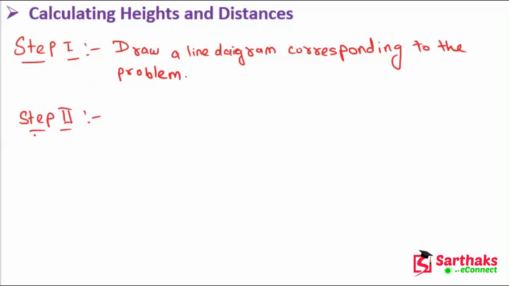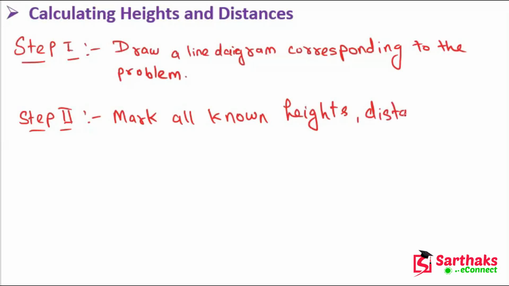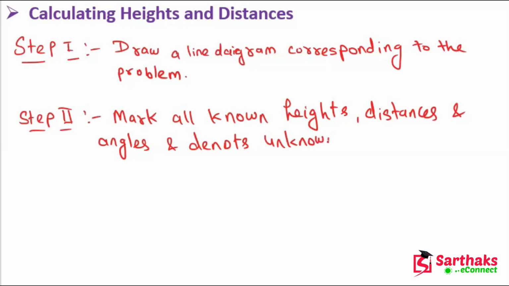Step 2 is to mark all known heights, distances and angles, and denote unknown heights and lengths by variables.